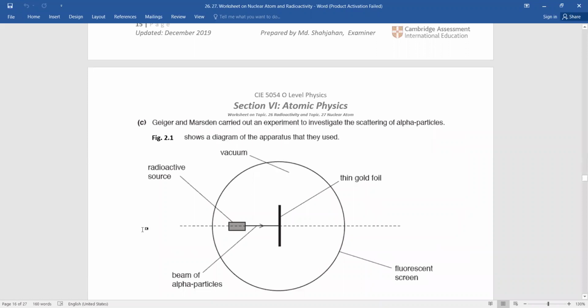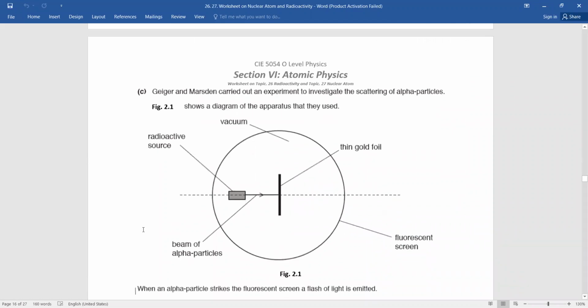Yakin, you continue. Geiger and Marsden carry out an experiment to investigate the scattering of alpha particles. Figure 2.1 shows a diagram of the apparatus they used.